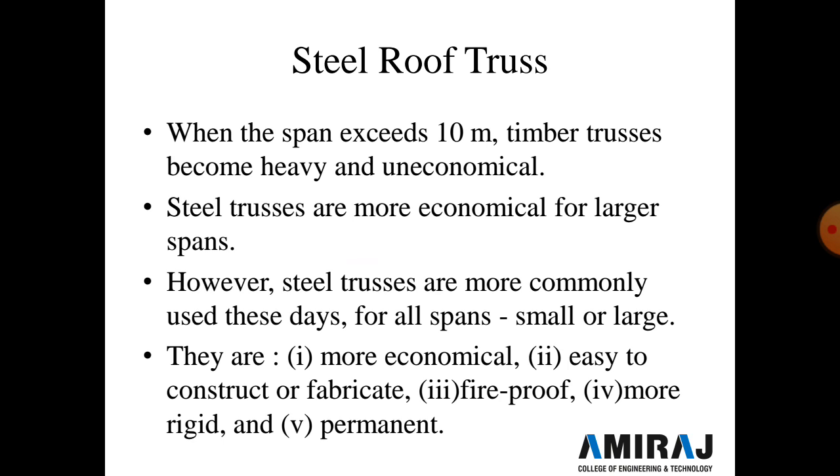Now the next type of truss is the steel roof truss. When the span exceeds 10 meters, timber trusses become heavy and uneconomical. Steel trusses are more economical for a larger span. However, steel trusses are more commonly used these days, and for all spans, small or large, they are more economical, easy to construct or fabricate, fireproof, and a more rigid and permanent structure.